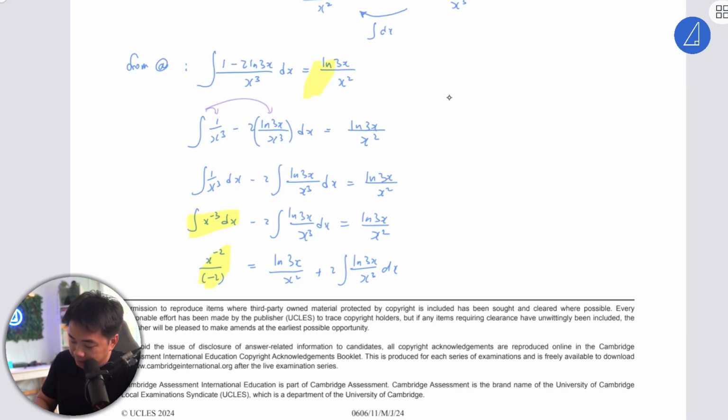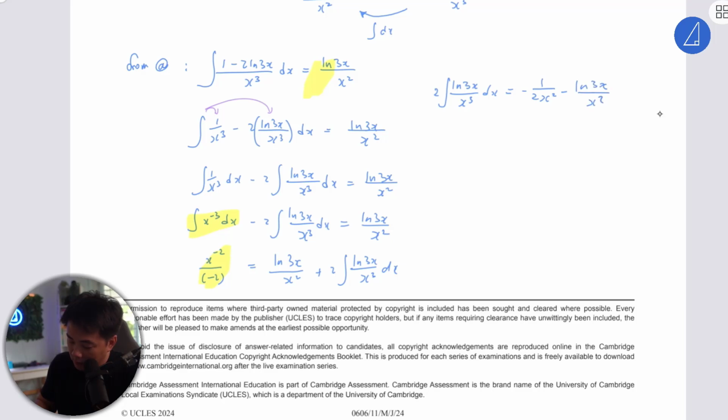That will give us the integral of 2 ln 3x over x cubed dx equals minus 1 over 2x squared minus ln 3x over x squared. So I move this over to the other side. Then this will be it. Just divide by 2, so the integral of ln 3x over x cubed dx will be negative 1 over 4x squared minus ln 3x over 2x squared plus c.